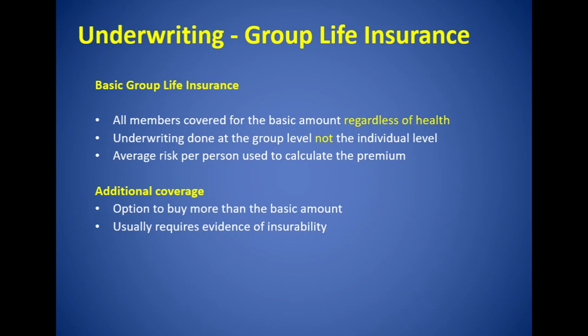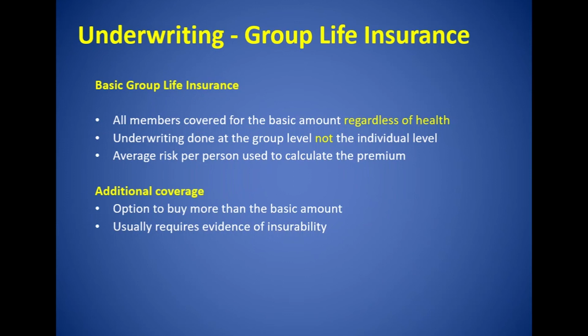Now, obviously, if you are recent graduates from a university in your 20s, that group of people is going to have a different risk profile than a group of lawyers, or chartered accountants, or medical doctors.